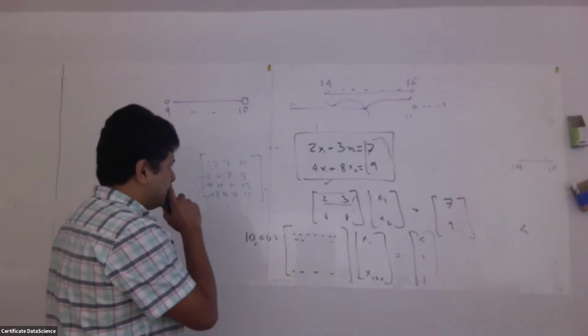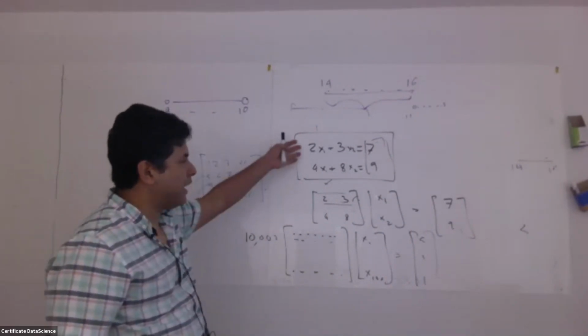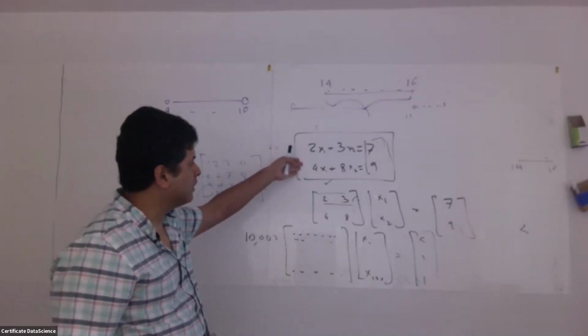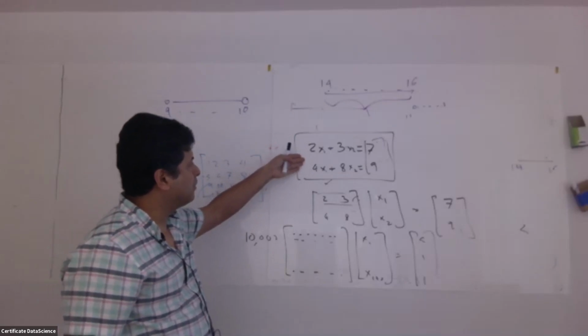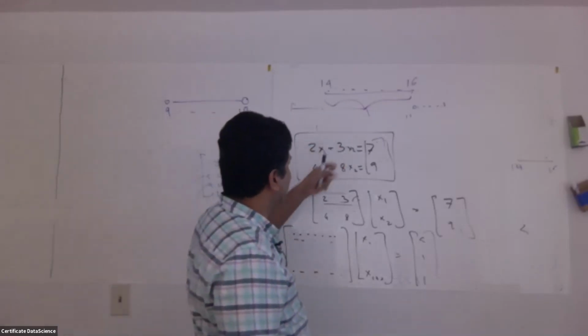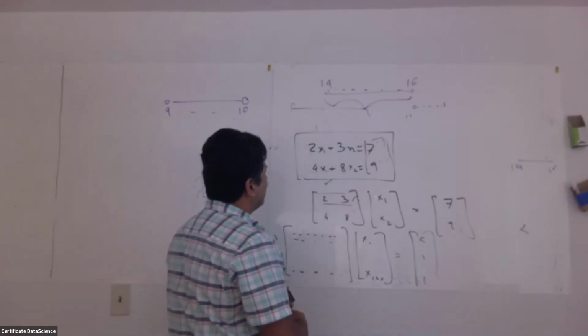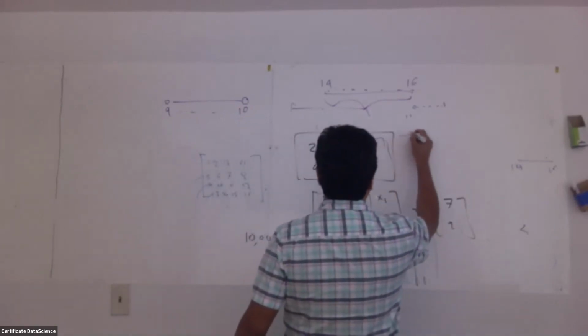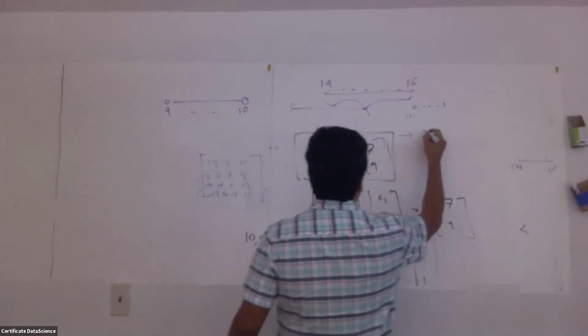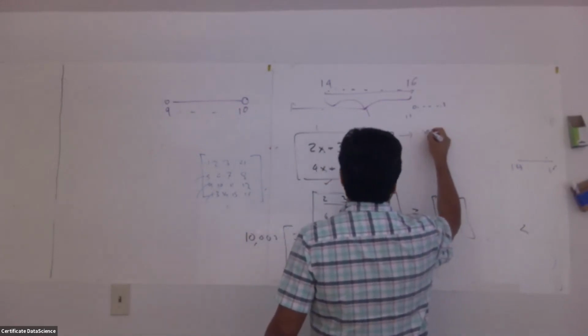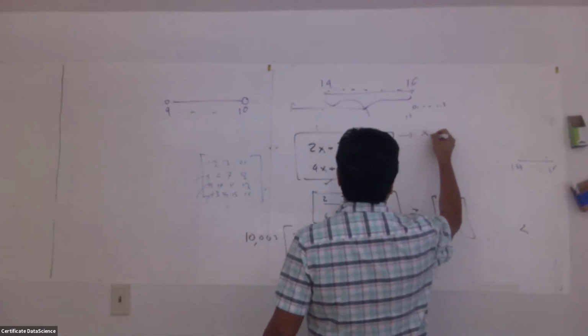As I mentioned, even though you had to solve a set of equations, in high school we used to eliminate variable by variable, one by one. So you express x1 in terms of x2, and then substitute here.